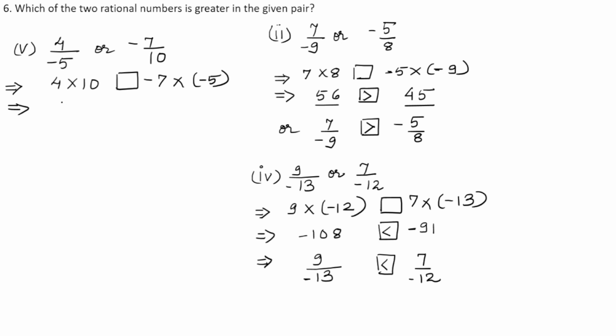On doing that, you get here 40, and this side you get 7 into 5, 35, and minus becomes plus. So you get your product as positive 35. Now 40 is greater than 35, which means that the rational number it belongs to is greater than minus 7 by 10.